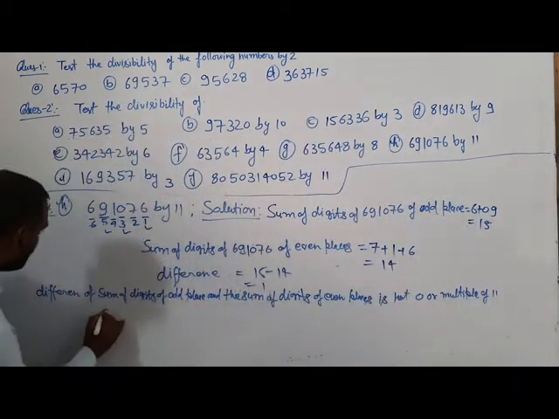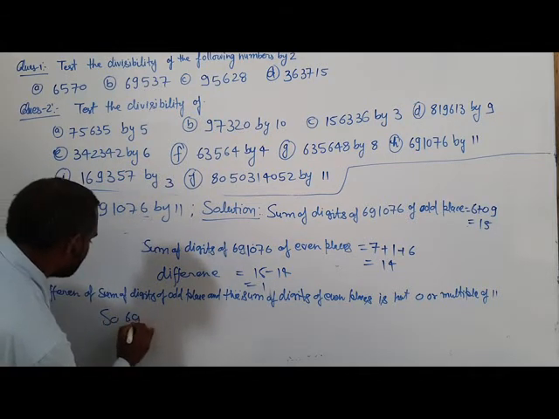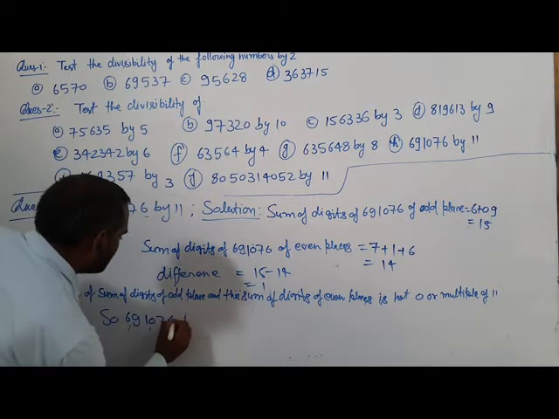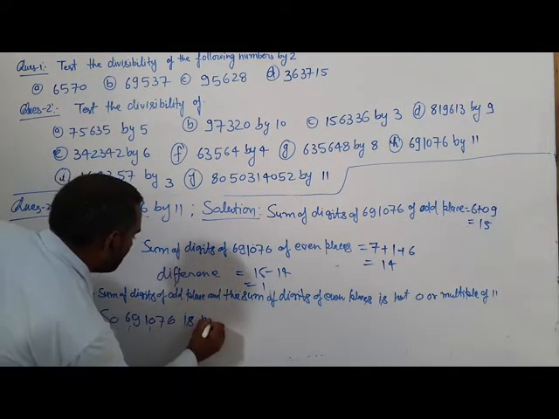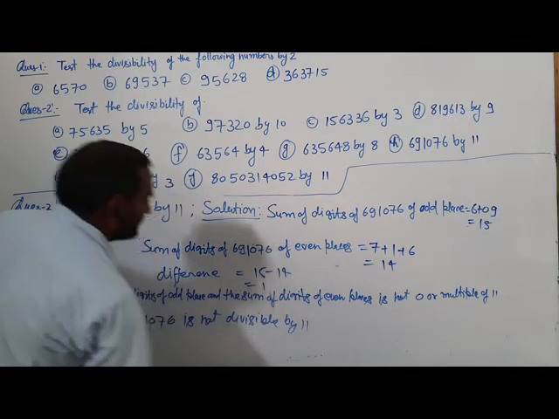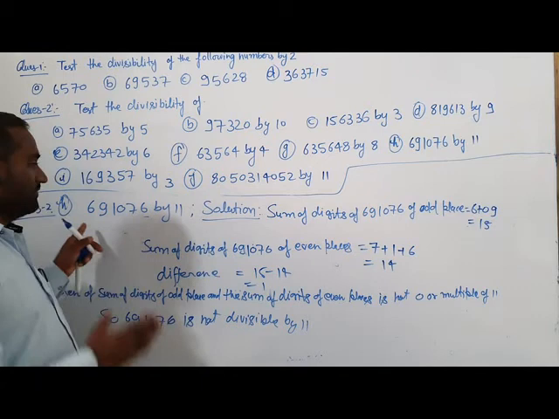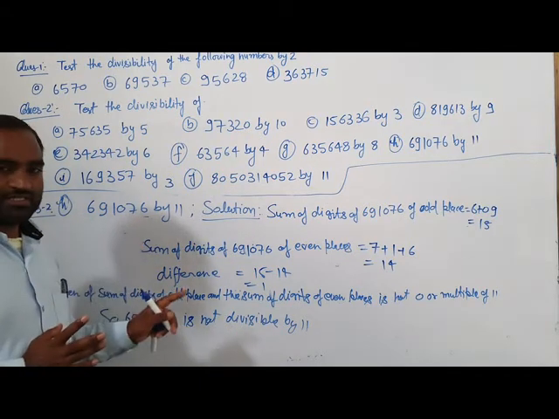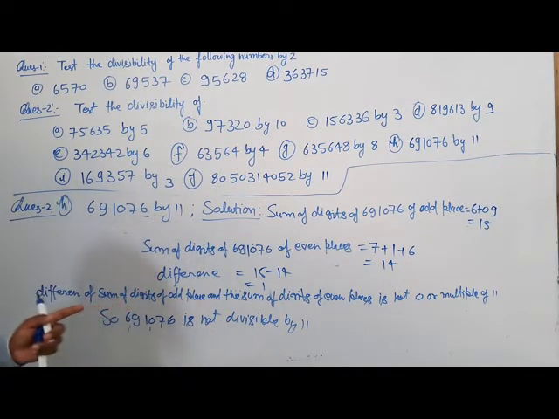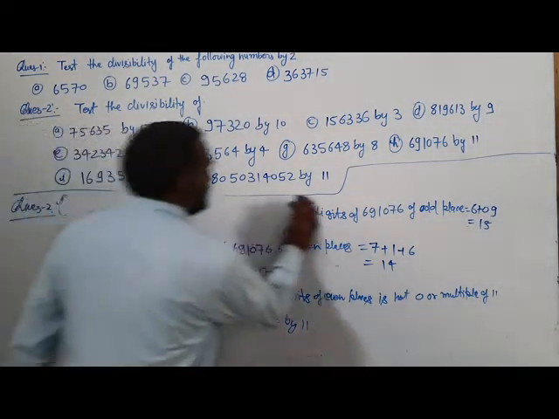So 691076 is not divisible by 11. For 11, you have to know that if the difference of the sum of digits of even places and the sum of digits of odd places is 0 or a multiple of 11, in those conditions the number will also be divisible by 11.